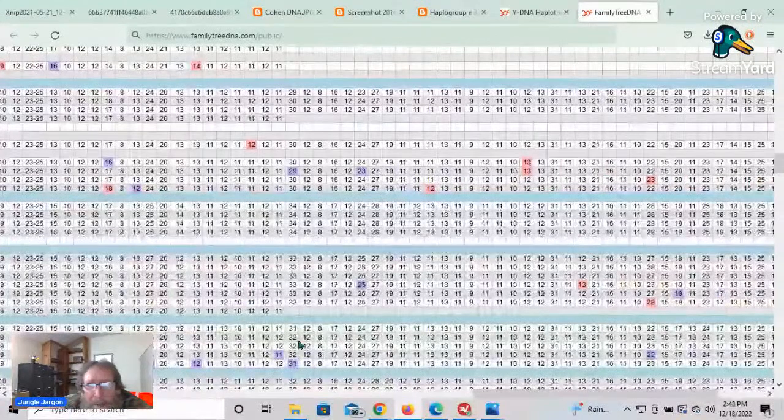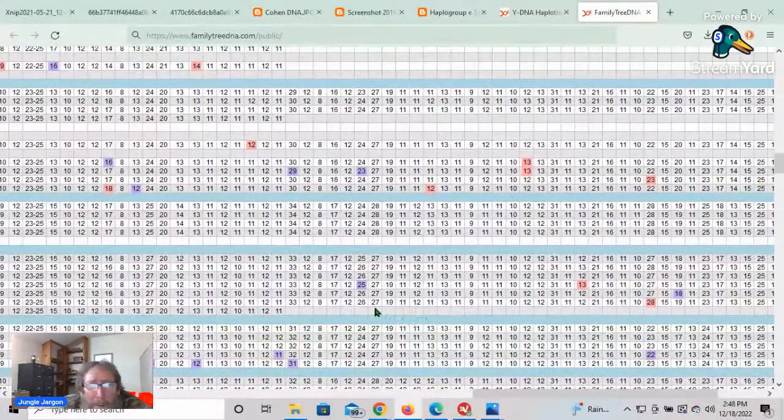For example, here, this person has 25 instead of 26. But other than that, these numbers are all exactly the same as his paternal Y chromosome cousins, going back to a common ancestor 300 years ago.